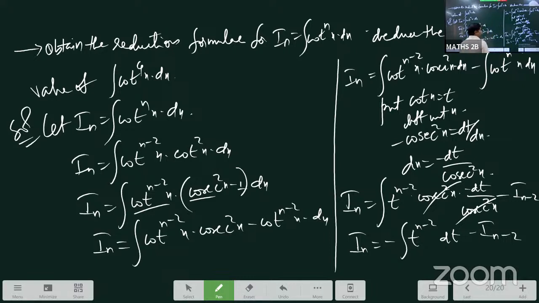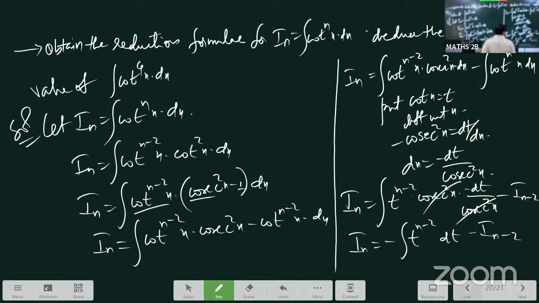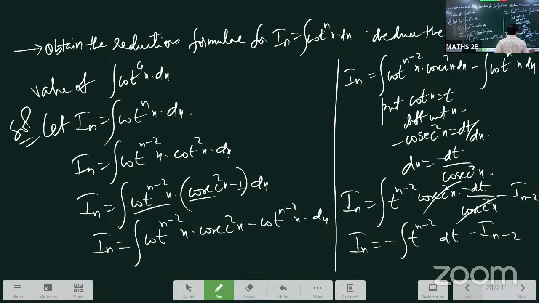Now what is the integration of t to the power n minus 2? Minus is there outside, because this minus comes outside. So minus outside, the integration of t to the power n minus 2 is t to the power n minus 1 by n minus 1, minus In minus 2.